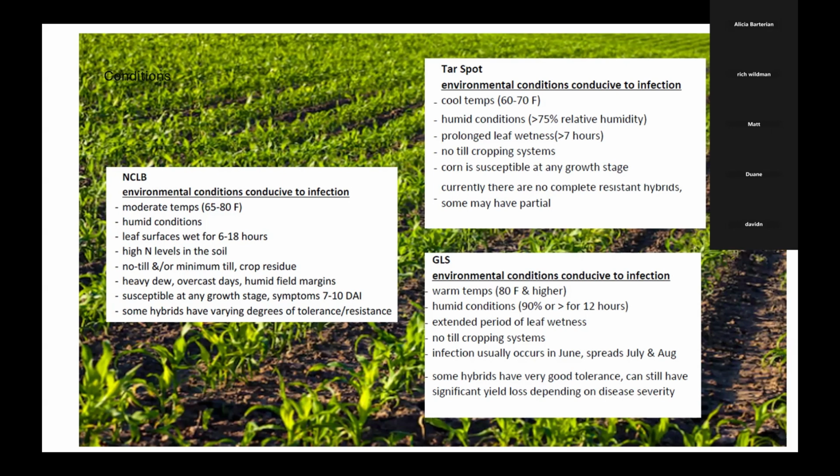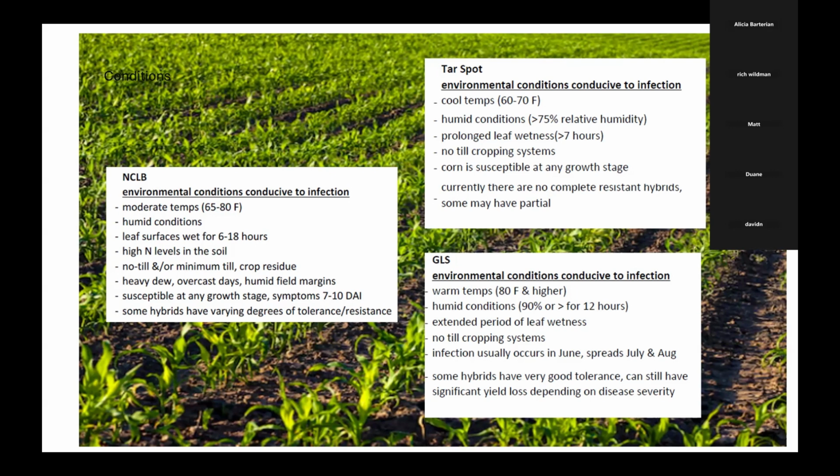We look at tar spot: cool temperatures. Northern corn leaf blight is moderate, tar spot is cool, approximately the same temperature range, with humid conditions, prolonged leaf wetness, and minimal till. Again, corn's susceptible to it.